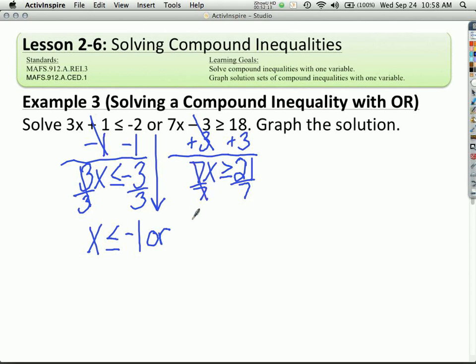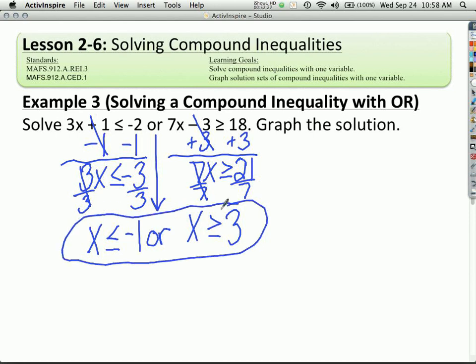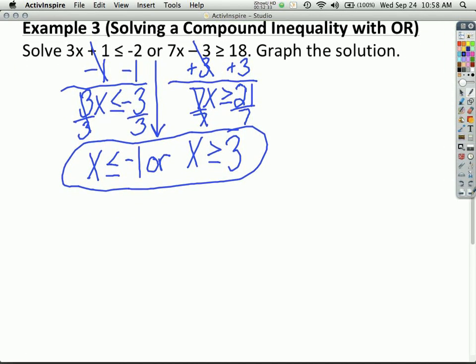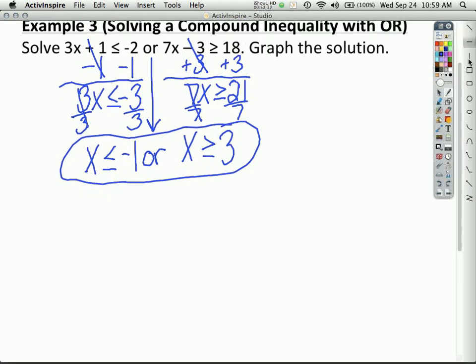That cancels out, and we get x is greater than or equal to 3. Make sure that the smaller number is on the left so that that whole expression makes sense. It is, so we solved it. Anyone have any comments or questions on how we solved it? So let's go ahead and do the graph.